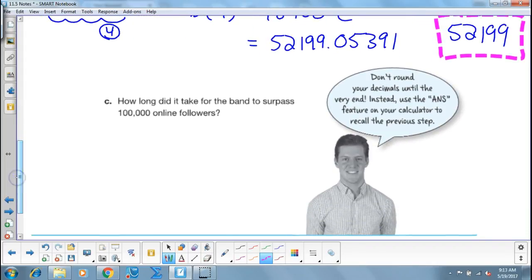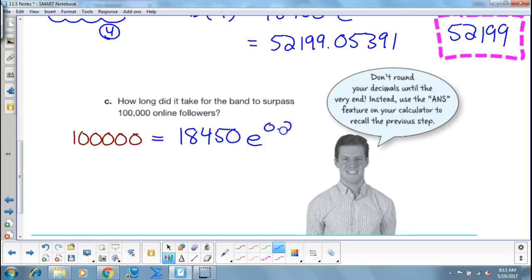How long did it take the band to surpass 100,000 followers? So now we've got 100,000 is going to equal 18,450 times e to the 0.26t, and we're looking for t now.